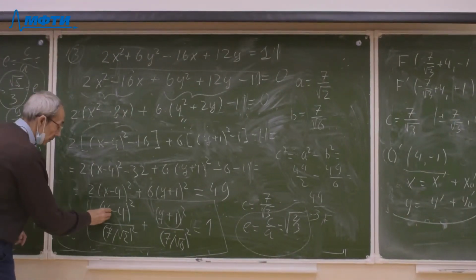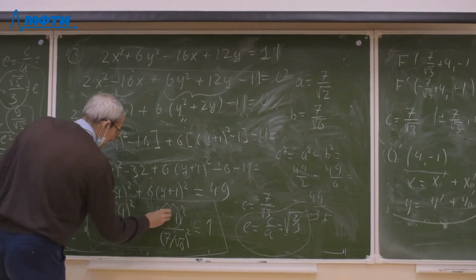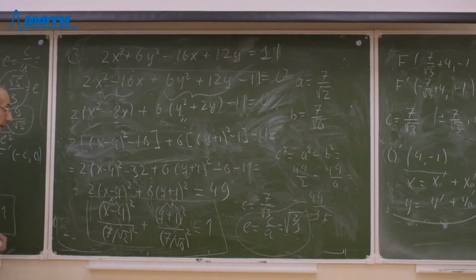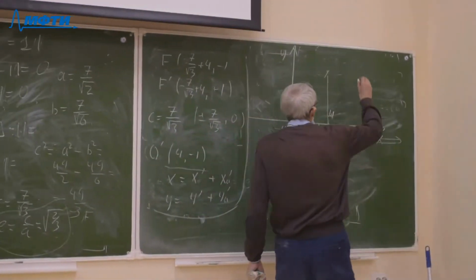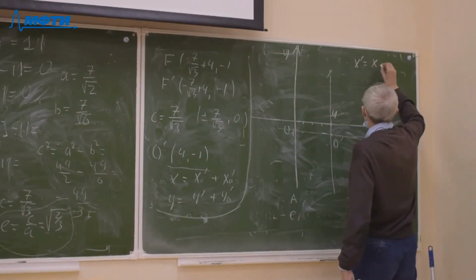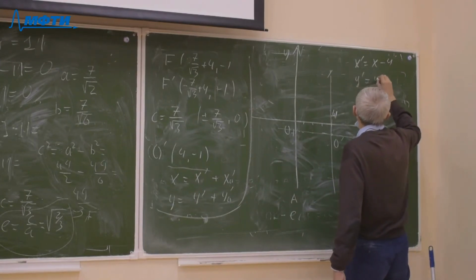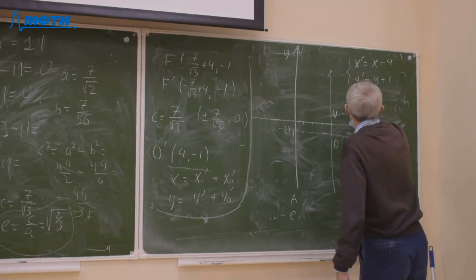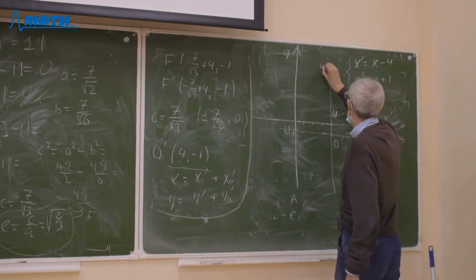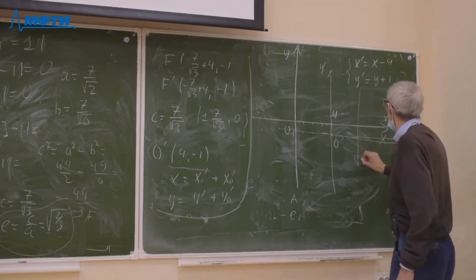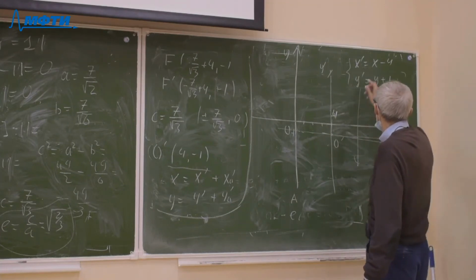Let's denote this value by x prime and this value by y prime. x prime is equal to x minus 4, y prime is equal to y plus 1 for the new coordinate system. And we have the following relation.